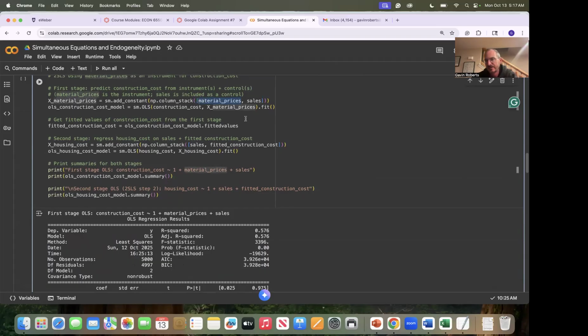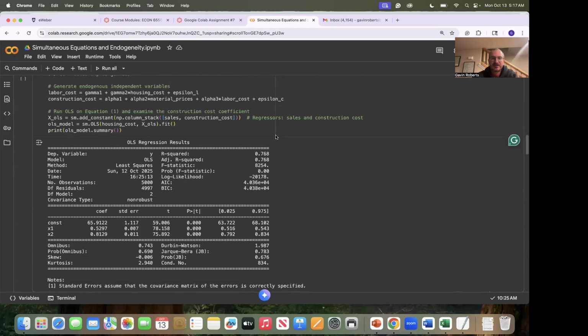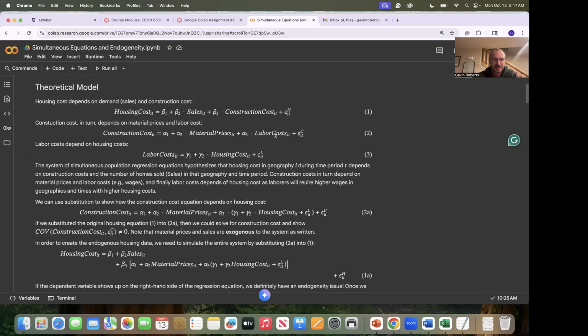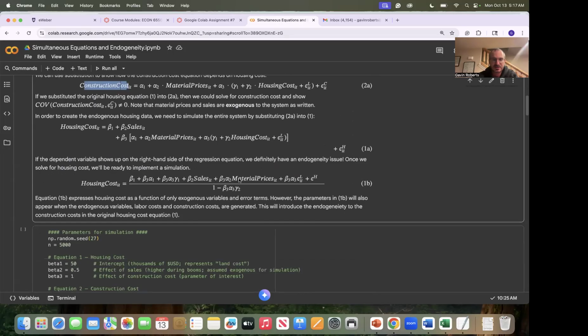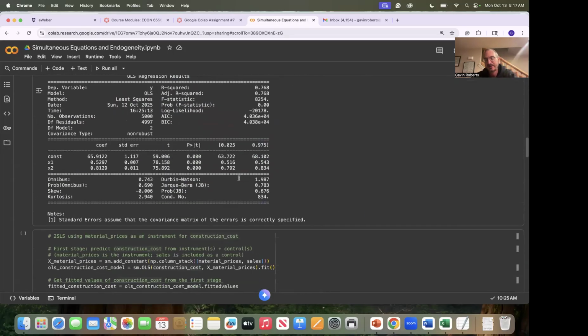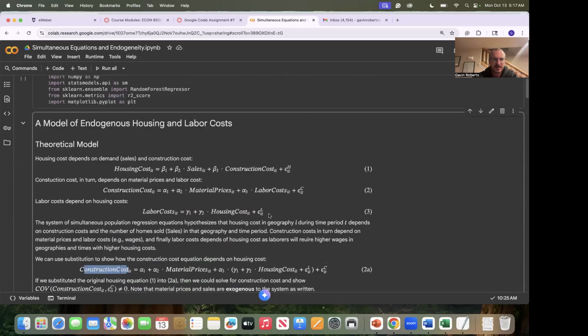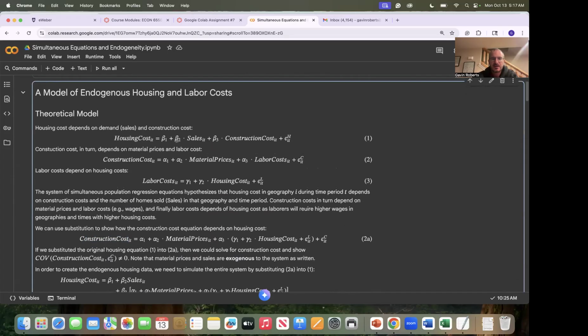Material prices is really the one we expect to get more action out of, because that's the one that directly impacts construction cost, but is not endogenous. Sorry, sales isn't endogenous either. But up in our main system, we have this exogenous variable, and we expect from our theory that it directly affects construction cost.